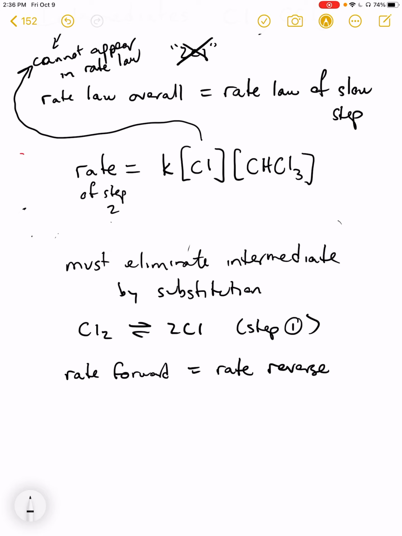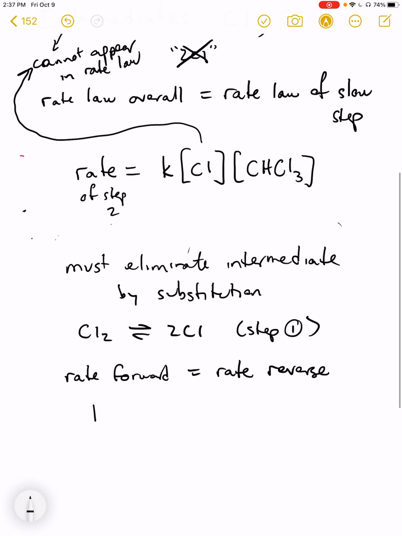Now, if I were to write a rate law of the forward reaction, that's going to be K, and I'm going to call it K forward, Cl2. And that's a 1, so that would be to the first power.